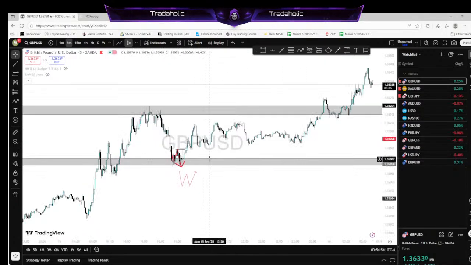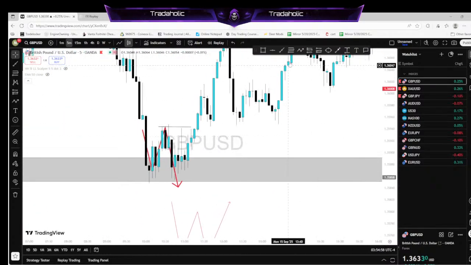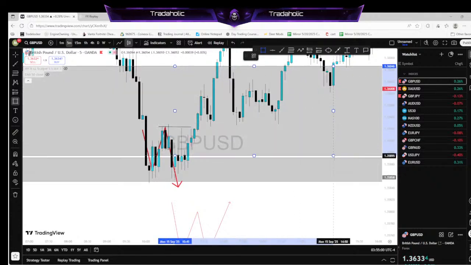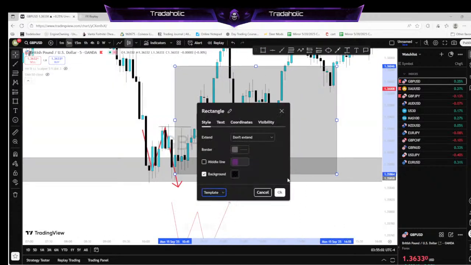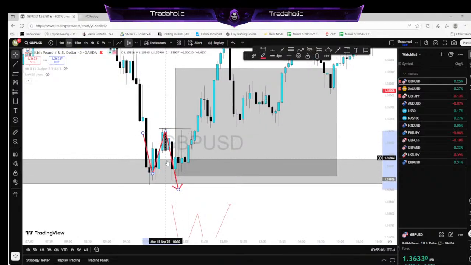So if I'm looking at this back here, say I don't see anything to the right, say I don't see all of this and I just see this point here. I don't know this is going to be a reversal. I don't know that until we shift, until I get my market structure shift.